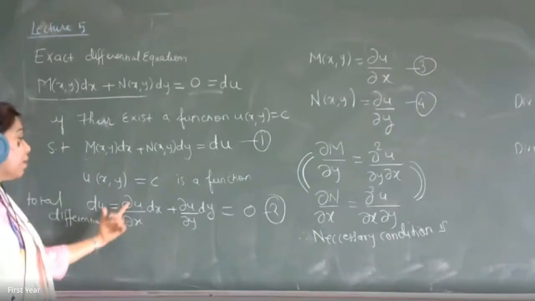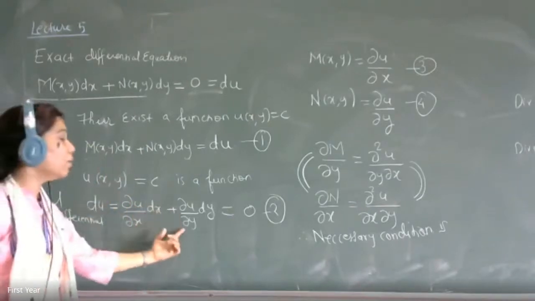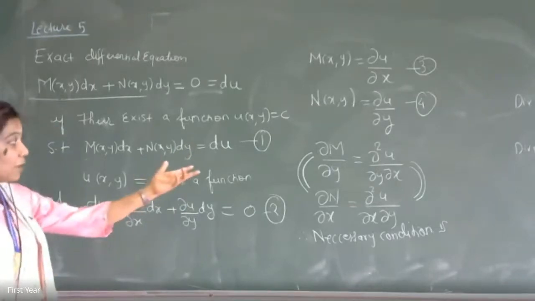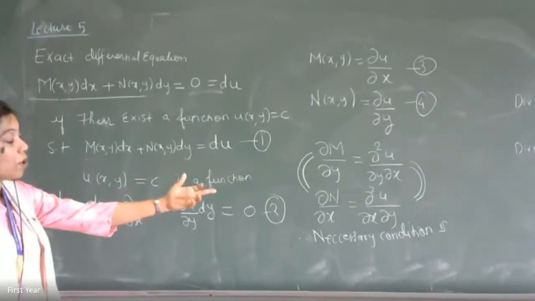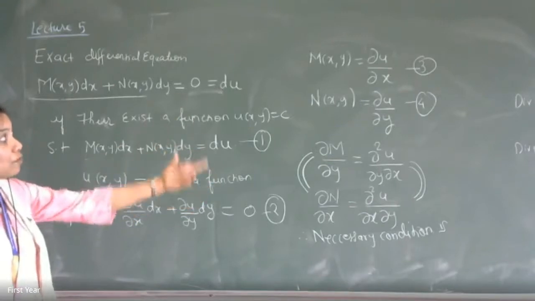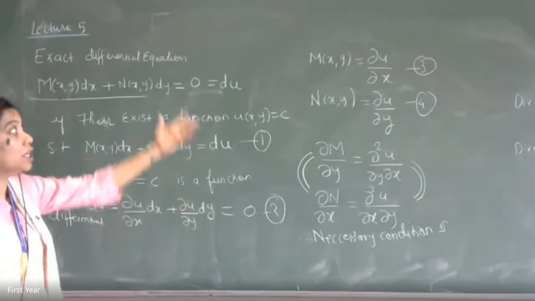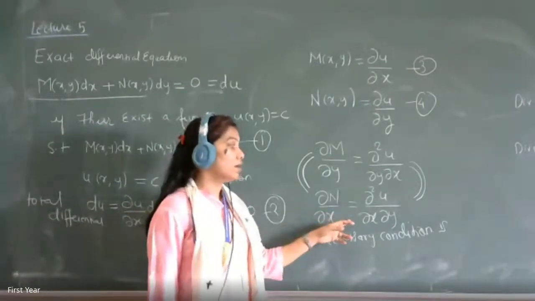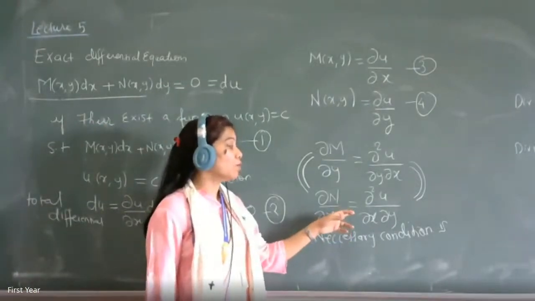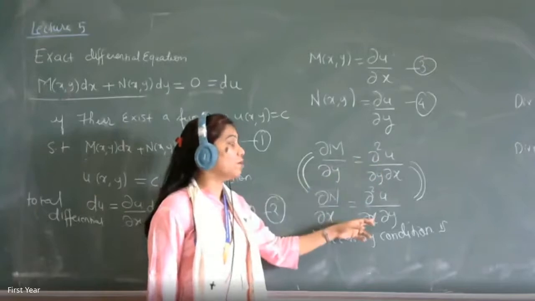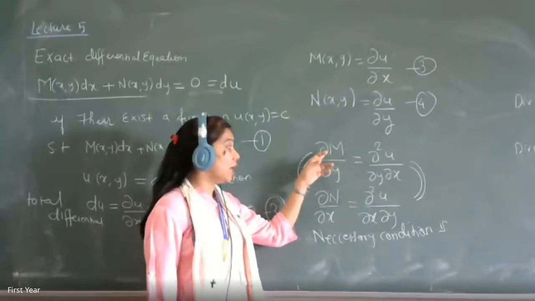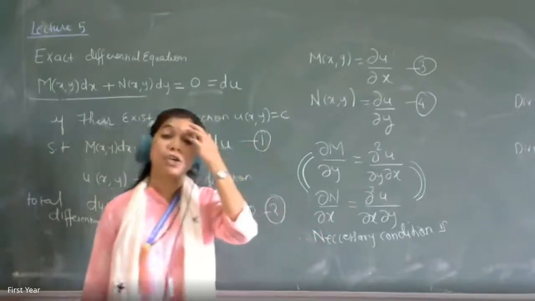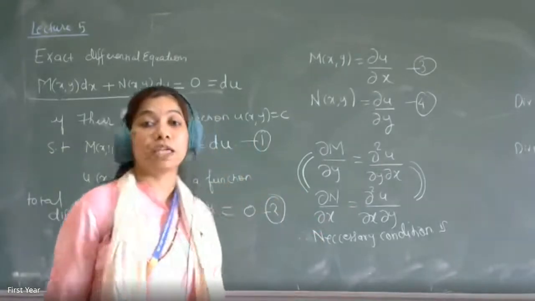Comparing the two, ∂u/∂x is M and ∂u/∂y is N. The mixed derivatives are equal if the functions are continuous. Because they are polynomial form, the mixed derivatives will be equal, and so ∂M/∂y equal to ∂N/∂x becomes the necessary condition for the equation to be exact.